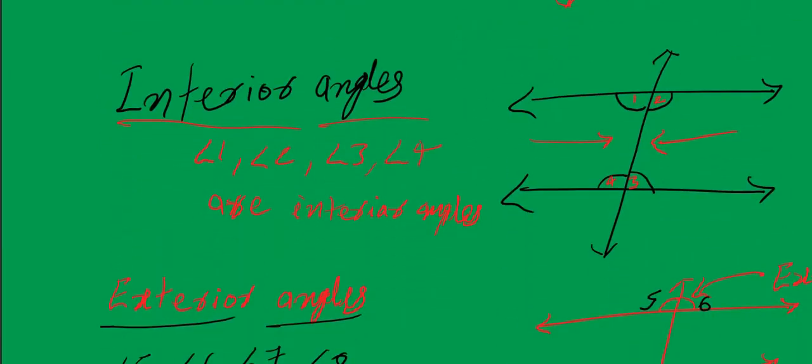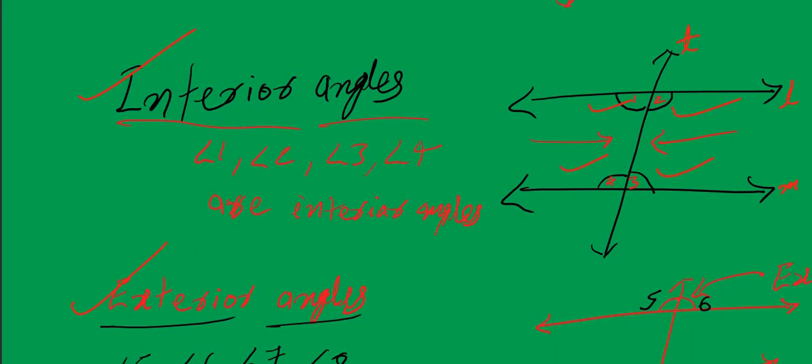Now when you will draw transversal, two cases are possible: interior angles and exterior angles. So first I am going to talk about interior angles. If L and M are two parallel lines and T is a transversal, then angle 1, angle 2, angle 3 and angle 4, they all lie inside the parallel lines.